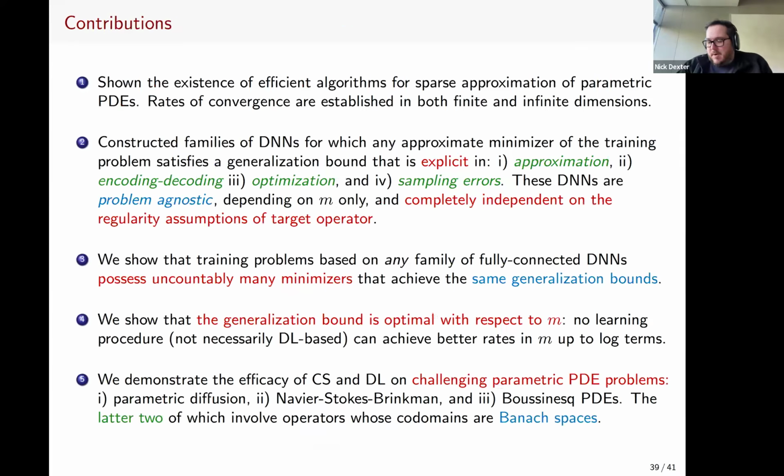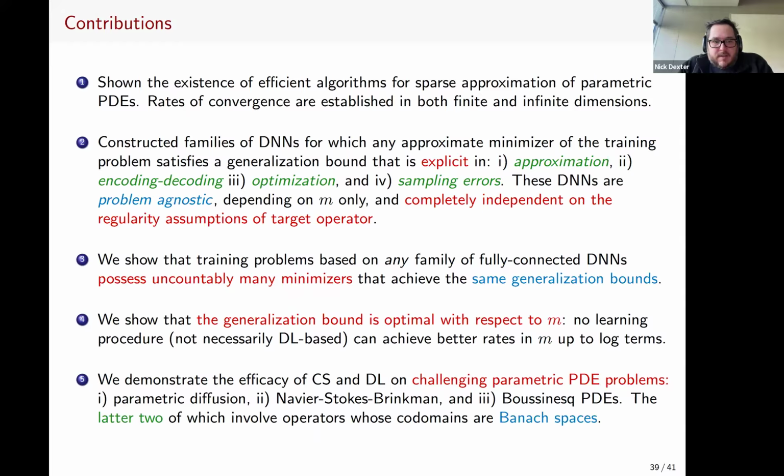Okay, so let me summarize contributions here and then wrap up. We've shown the existence of efficient algorithms for sparse approximation of parametric PDEs based on compressed sensing, with rates of convergence established in both the finite and infinite dimensional settings. We constructed families of DNNs for which any approximate minimizer of the training problem satisfies a generalization bound that is explicit in the approximation, encoding, decoding, optimization, and sampling errors.